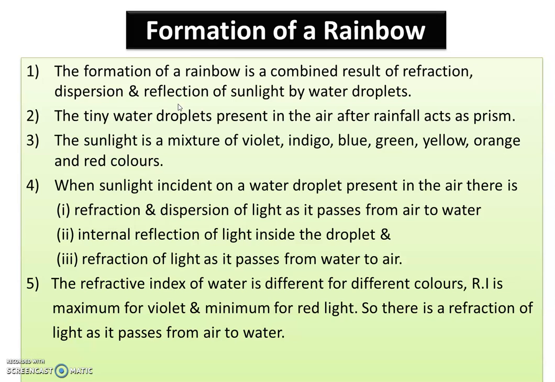Second, there is an internal reflection of light inside the droplet, because the inner side of the droplet behaves like a mirror, so that's why the internal reflection of light takes place. Third one, refraction of light takes place as it passes from water to air.